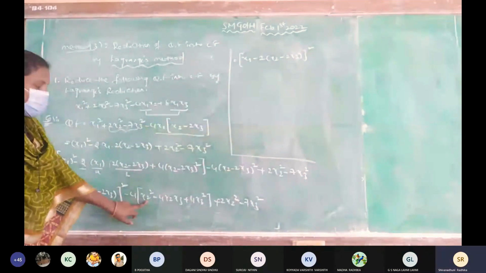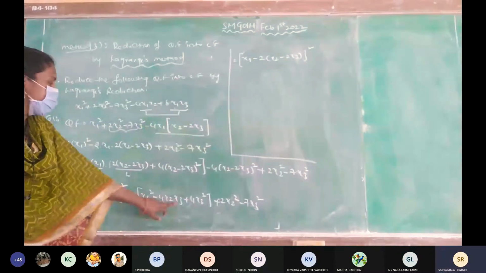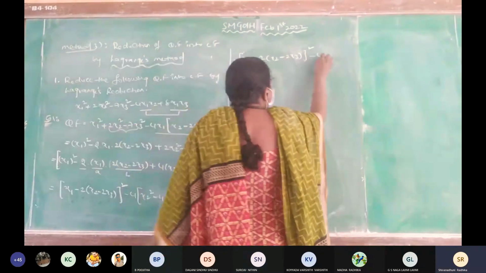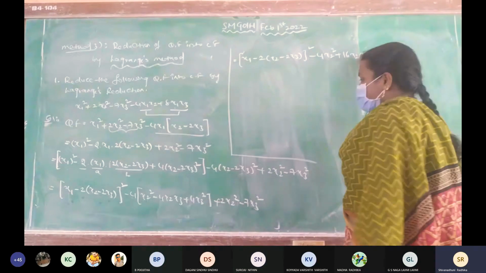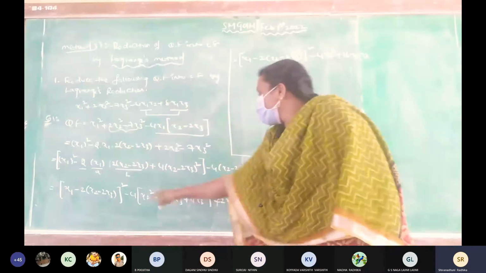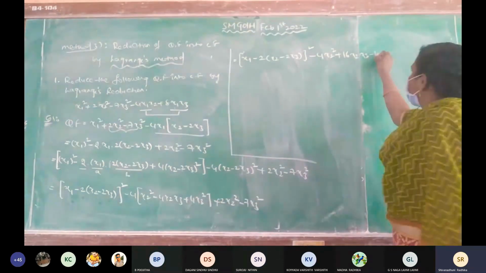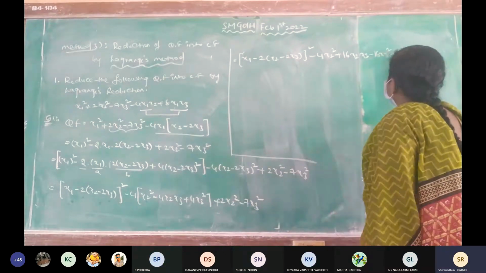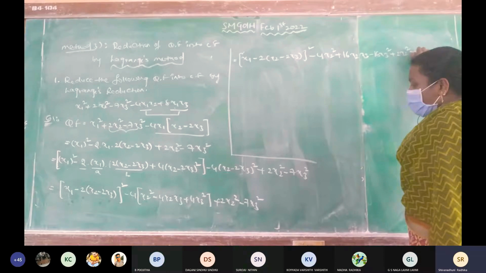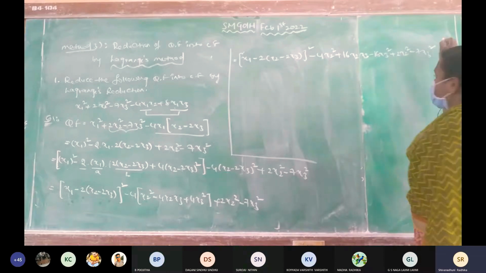Minus 4x2 square plus 16x2x3, and minus 4 into plus 4 minus 16x3 square. Remaining: plus 2x2 square minus 7x3 square.